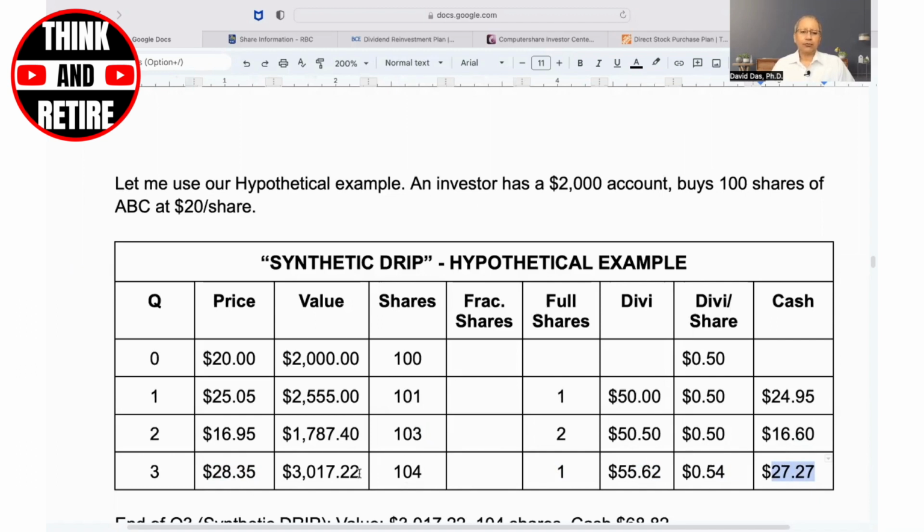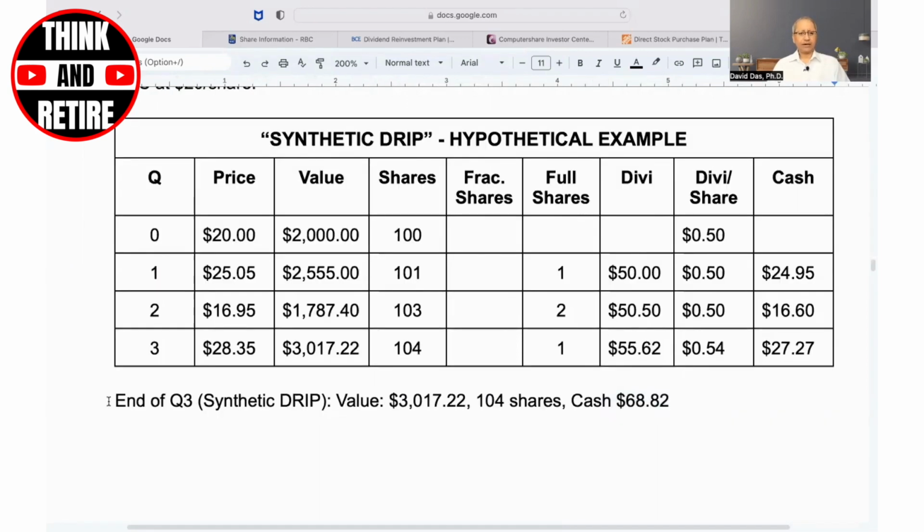So the total portfolio value at the end of quarter three for synthetic DRIP will be $3,017.22. That will include the cash amount of $68.82, but the number of shares will be 104.